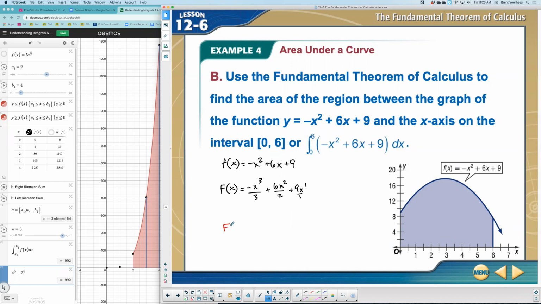So what we'll do is evaluate this antiderivative. Again, we don't have to worry about the plus c when you evaluate your antiderivative, from 0 to 6. So I'll plug in 6 first: negative 6 cubed over 3 plus 6 times 6 squared over 2, and I should have probably put that in parentheses. I didn't reduce this.